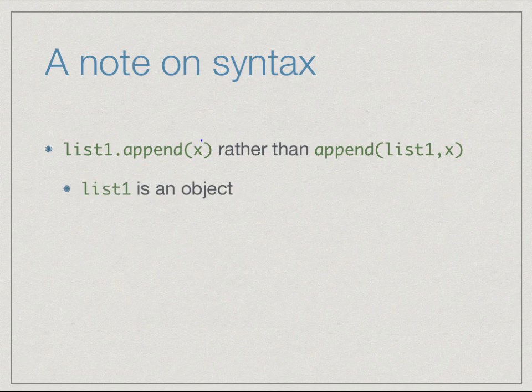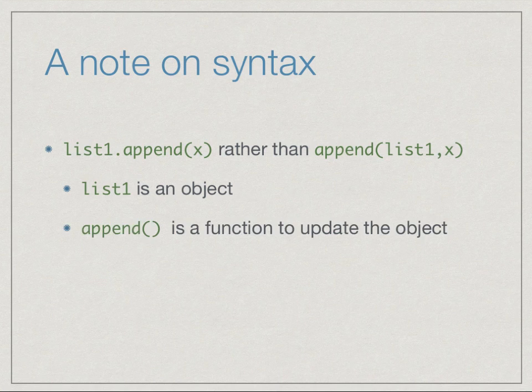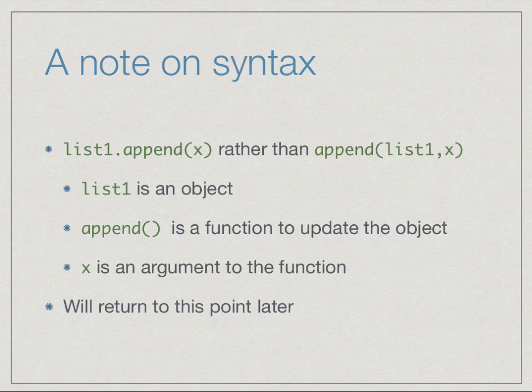So in Python terminology, list1 is an object and append is a function to update the object, and x is an argument to the function append. So in such a situation, we have an object and we then apply a function to it. So we use the function attached to the object by using the dot notation rather than passing the object to the function, which is a more normal way in which we think of functions. So we will come back to this point later on in maybe 2-3 weeks from now when we look at what is called object-oriented programming within Python.